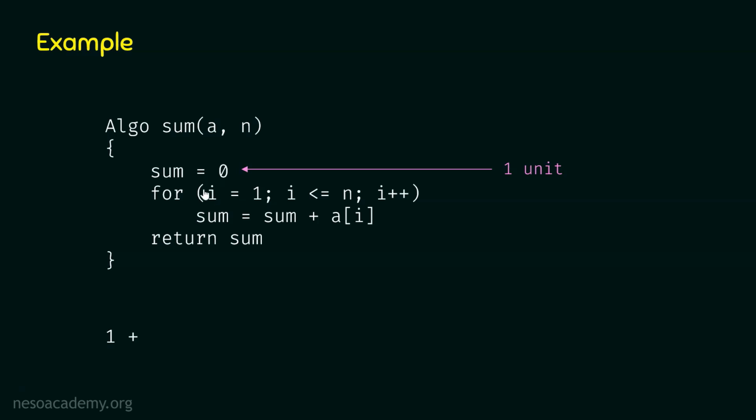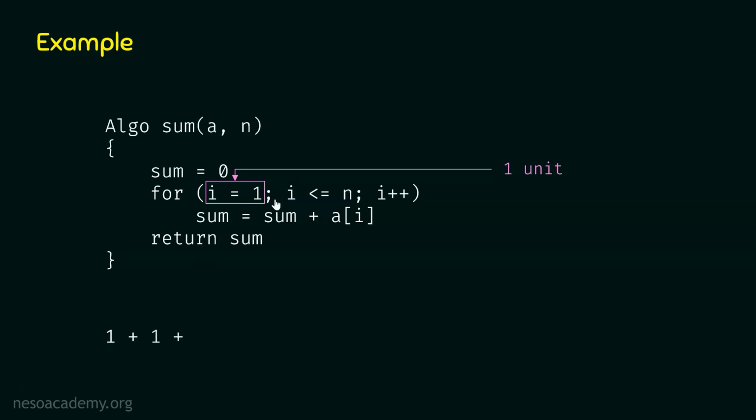This is an assignment instruction, and it will be executed only once because it represents the initialization of I. So, clearly, the frequency count of I equal to 1 is 1, and therefore the time it takes is 1 unit, and hence 1 can be added in this sum.